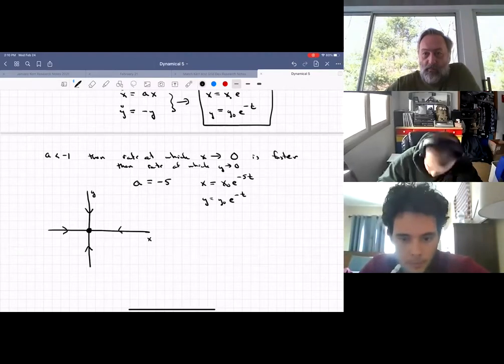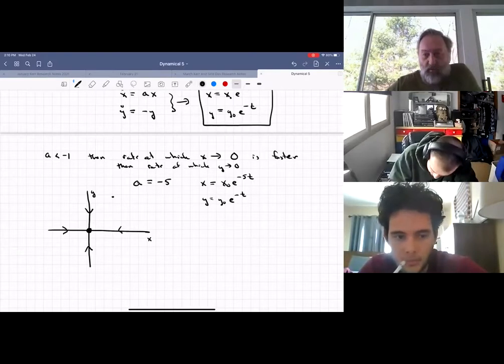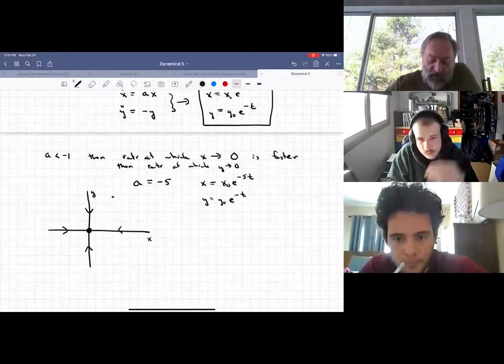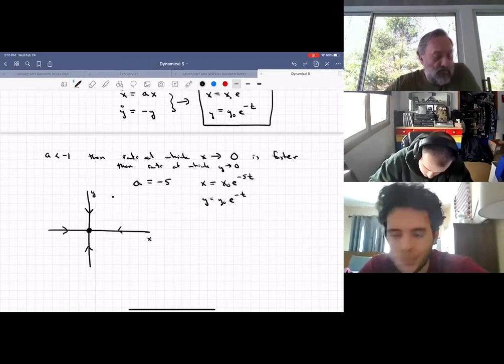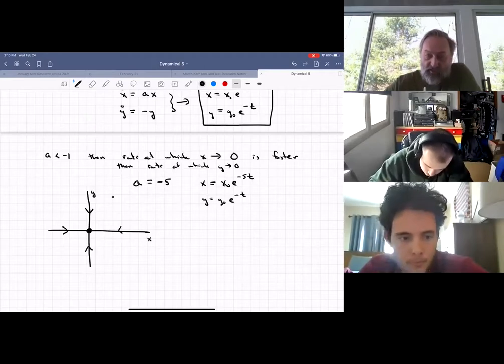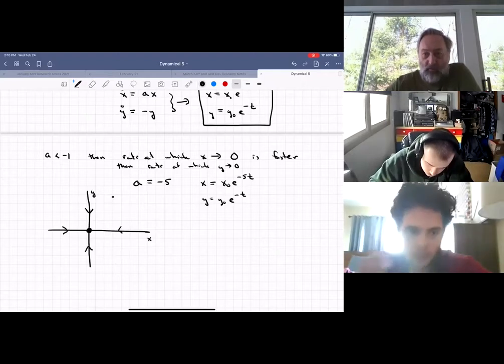Okay, that makes sense? But now if I start off at a point up here, I've got to go to the origin. The phase flow is going to drive me to the origin, but it's going to drive me such that I get closer to x equals 0 faster than I get closer to y equals 0.